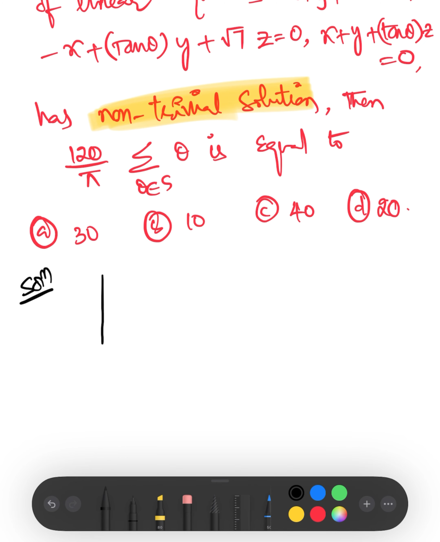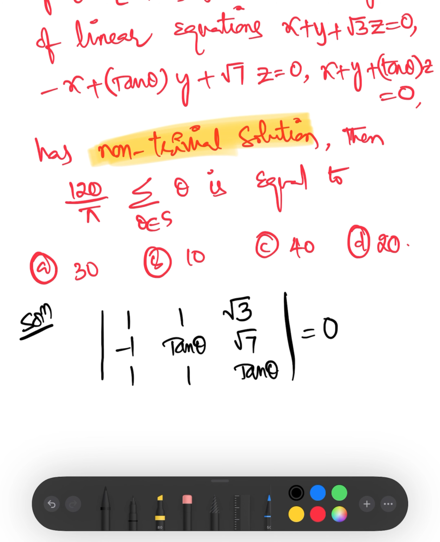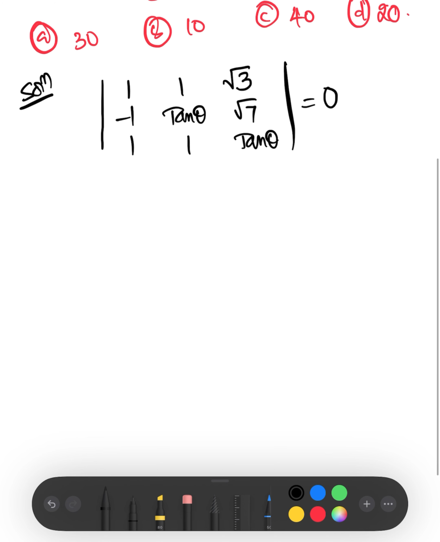Straight away I can start with the determinant: first row 1, 1, root 3; second row minus 1, tan theta, root 7; and third row 1, tan theta, and so on, equal to 0 because of the non-trivial solution.